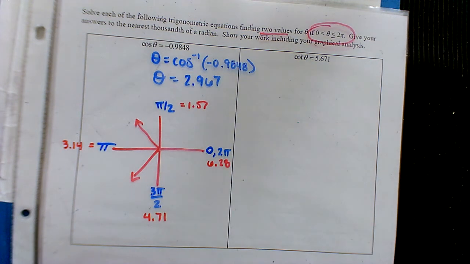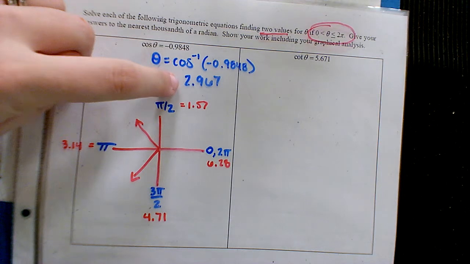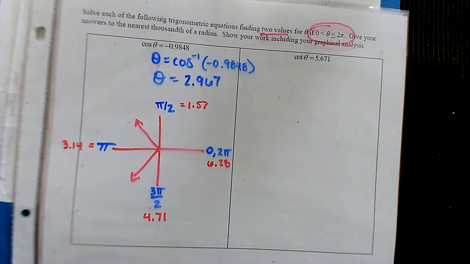So notice how our calculator is giving us an angle measurement of 2.967. Which angle does that represent between the two that we drew? Is that the quadrant 2 or the quadrant 3? If we really pay close attention to those decimals. What do you think, Rebecca? The quadrant 2 one.